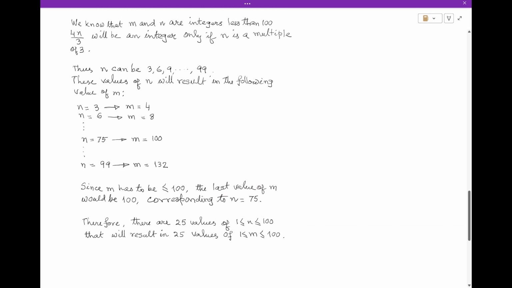So, we conclude that there will be 25 values of n between 1 and 100, and those are 3, 6, 9, etc. up to 75. Similarly, there will be 25 values of m between 1 and 100, and those are 4, 8, 12, etc. up to 100.